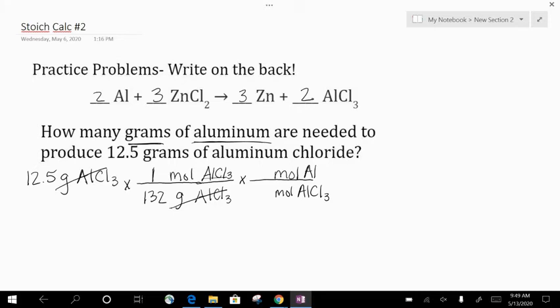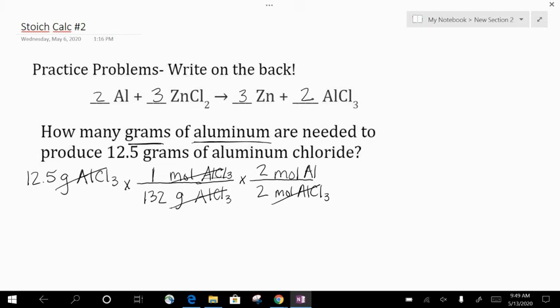The number that you see in front of the substance in the balanced equation is the number that you're going to put in here for the calculation. So the coefficient in front of aluminum chloride is 2, and the coefficient in front of just aluminum is 2. So then that cancels out moles of aluminum chloride, and now I'm in moles of aluminum.